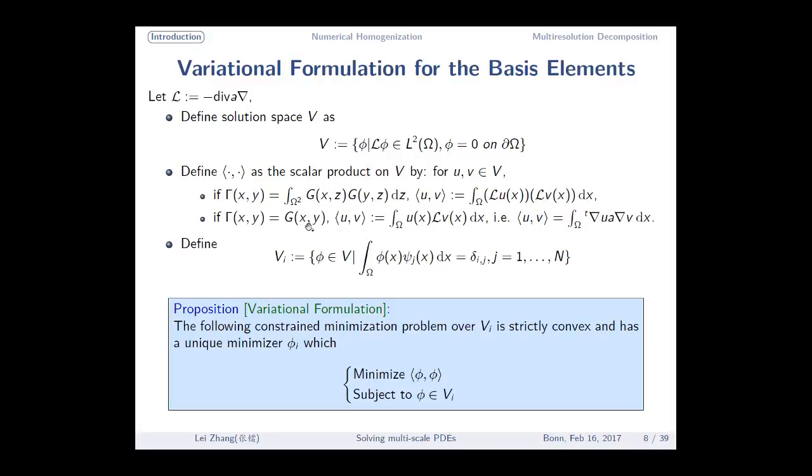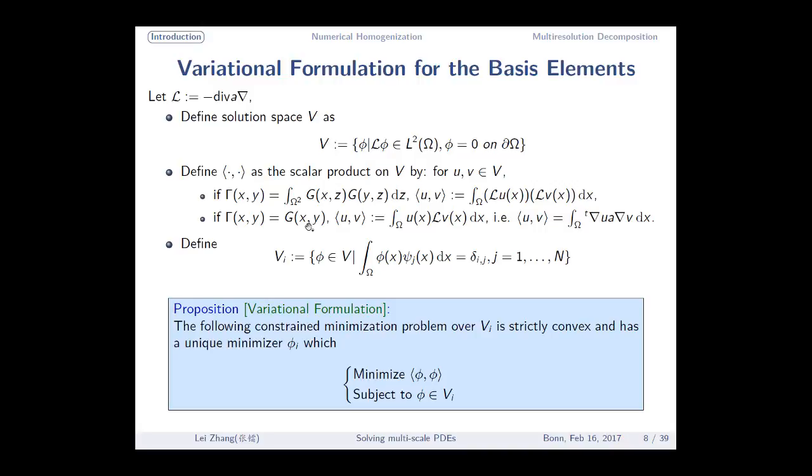Because we choose this Vi as a space such that the measurement for index I is 1, and the measurements on all the others are 0, we just choose this as our basis, with the constraints.